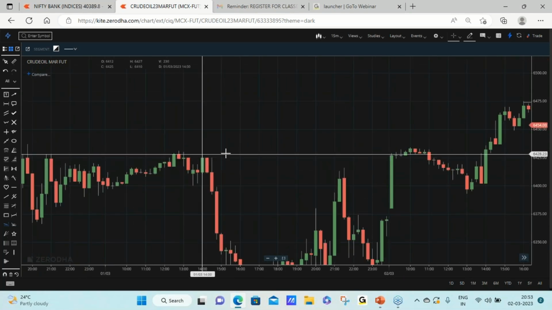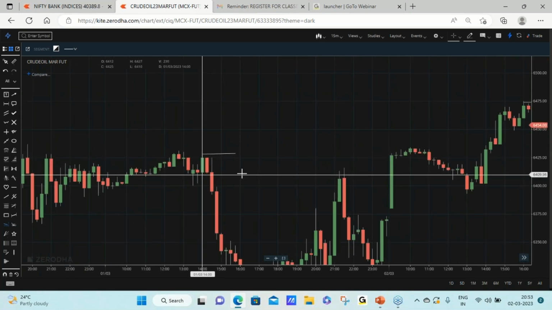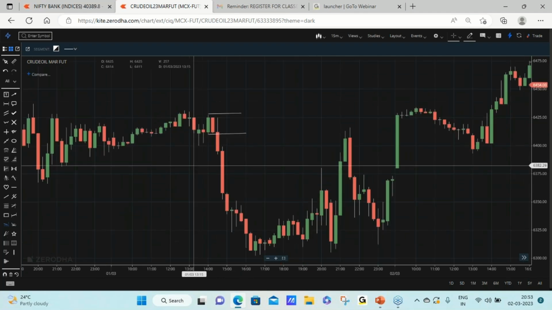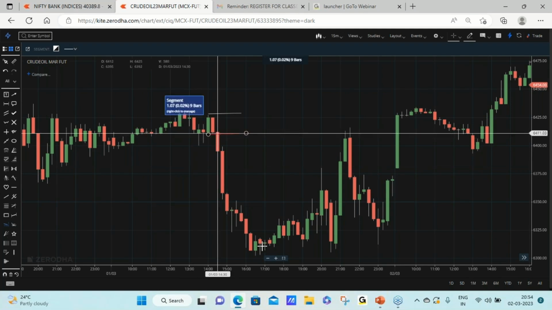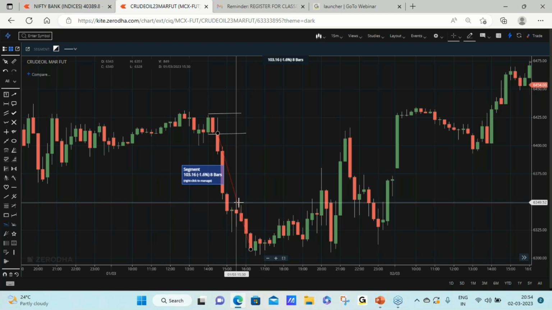See, can I consider these two candles to be an inside bar here? Yes or no? Once the low is breached, see how beautifully it fell. So 103 points. Yes, Namrataji.